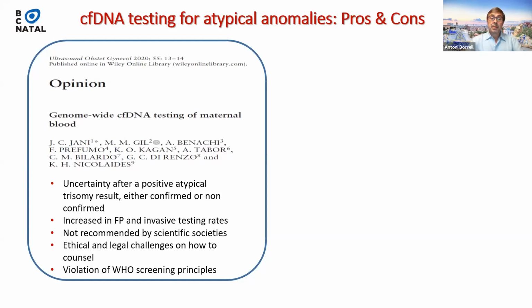Also pointing out that there is an increase in false positive and invasive testing rates, that this is not recommended by scientific societies, and that it raises ethical and legal challenges in how to counsel these cases. And finally, they consider the use of this cell-free DNA testing, called genome-wide cell-free DNA testing because we are testing for all the chromosomes, not only 13, 18, 21, a violation of WHO screening principles.